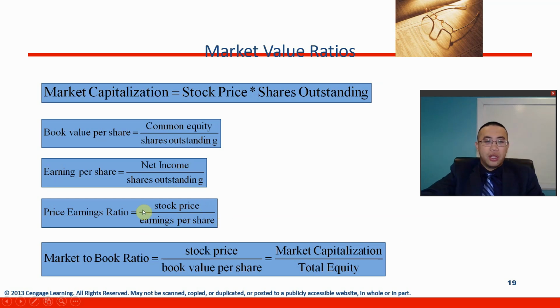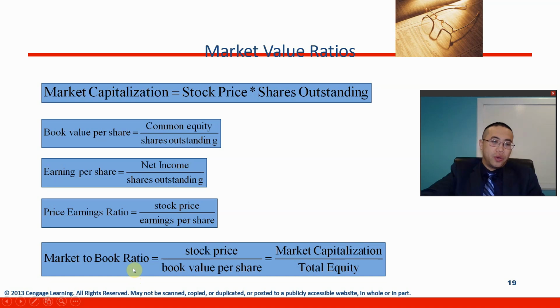As a result, the price of the stock would increase and then the PE ratio would increase. So the bottom line is if the PE ratio gets too high, it will drop because people will sell the stock. If it gets too low, it will increase because people will buy the stock. So the PE ratio always falls into a normal range.